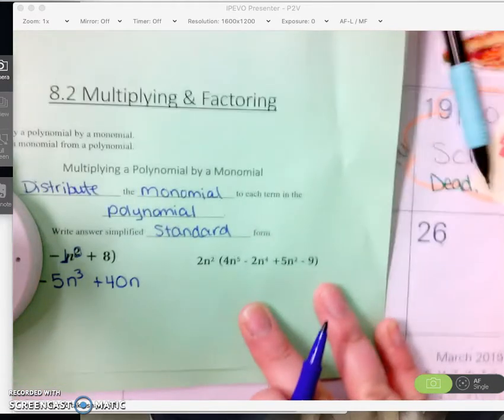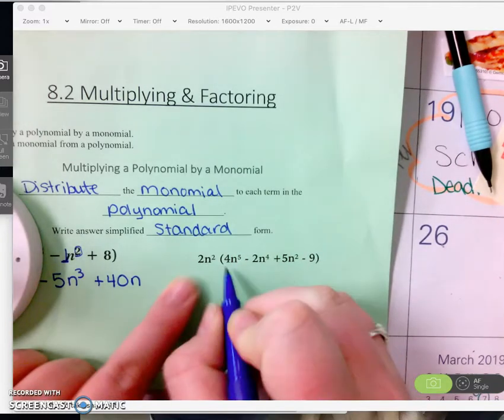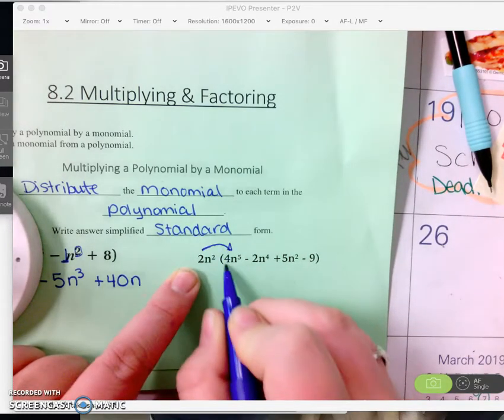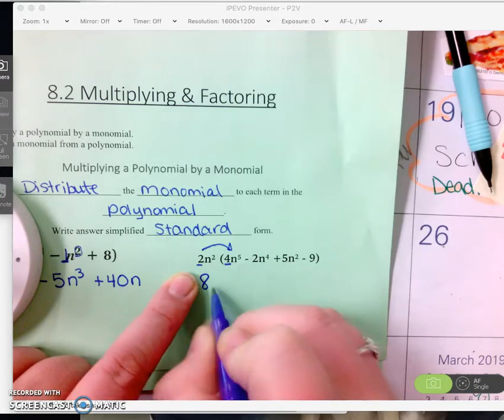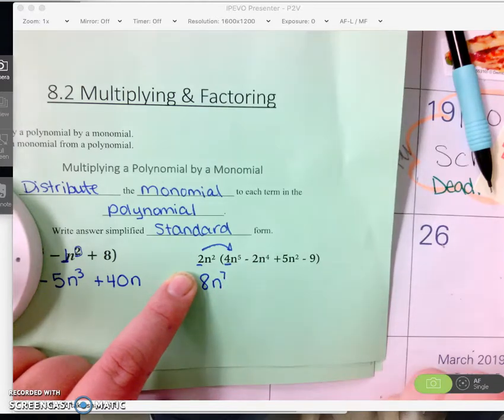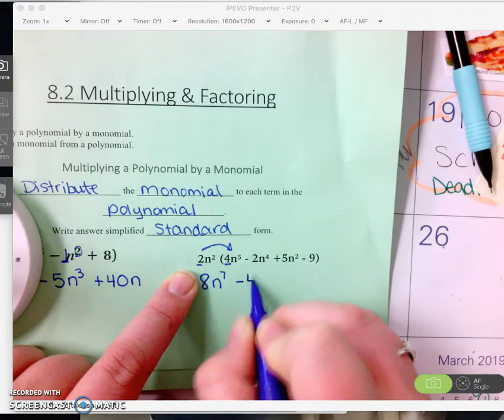Okay, so here, this one, we have 2n to the second multiplied by this whole polynomial. So, distributing this here, multiplying the coefficients, so 2 times 8, and then n to the second times n to the fifth is now n to the 7. Negative 2 times 2 is a negative 4.